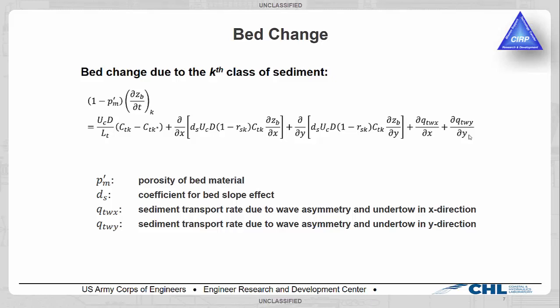You can see the bed change on the left-hand side, partial ZB partial T, is controlled by the right-hand side terms. The first term is the erosion and deposition term, the same term that appears in the sediment transport model.